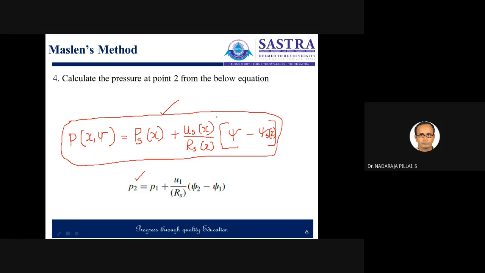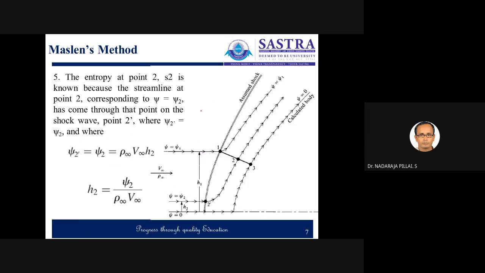Now the entropy at point 2 also can be considered, right? So let us say S2 is known because of the streamline at point 2, right? Because the streamline corresponding to psi equal to psi 2 has come through the point on the shock wave which we consider as 2 dash.